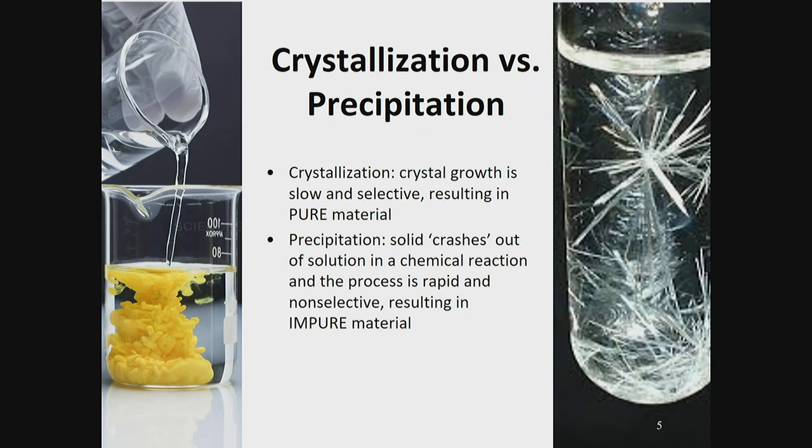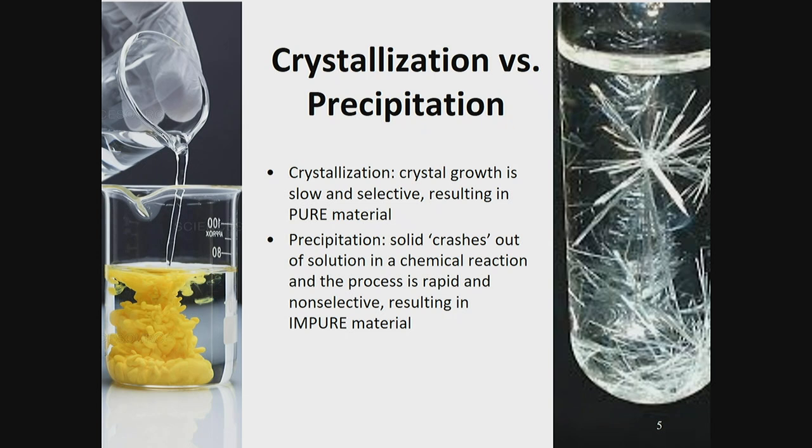So crystallization happens from slow and selective crystal growth, and that results in a very pure material. Imagine molecule by molecule, they're attaching to each other and forming this crystal lattice. It's slow and selective. We want this geometry to result, so impurities, we don't want them to get involved in that crystal lattice, and this happens by being very slow growing.